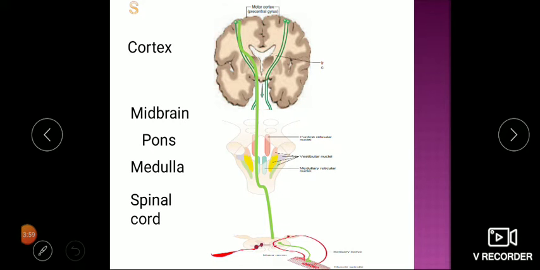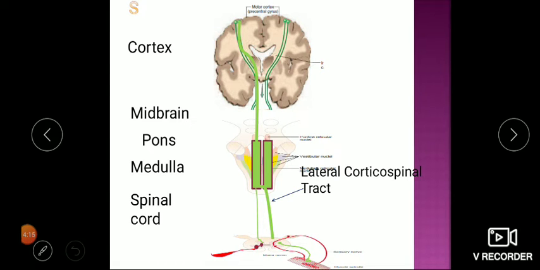Now 20% of fibers are uncrossed and go on the same side. While going through the medulla, they make pyramids. The crossed fibers go laterally in the column, called the lateral corticospinal tract.